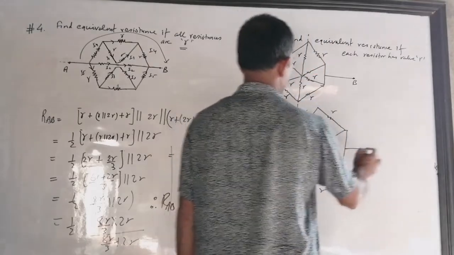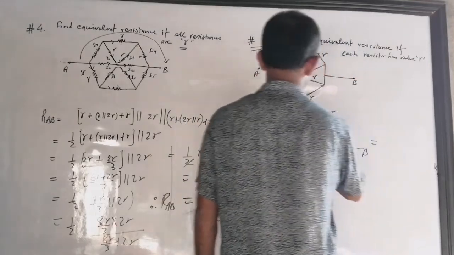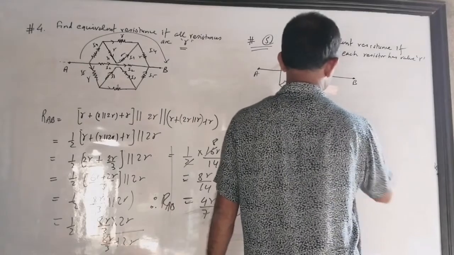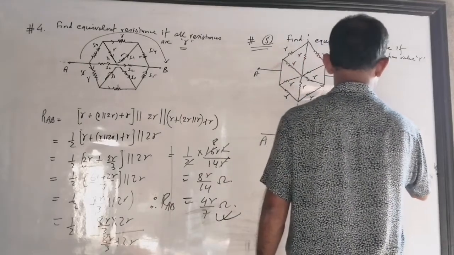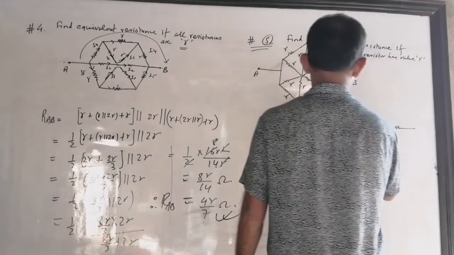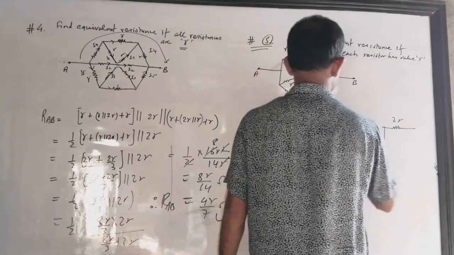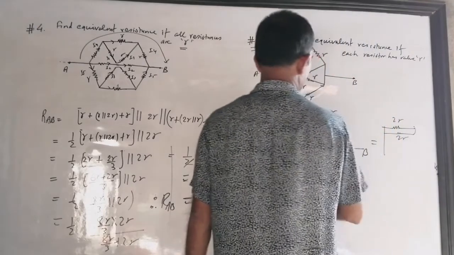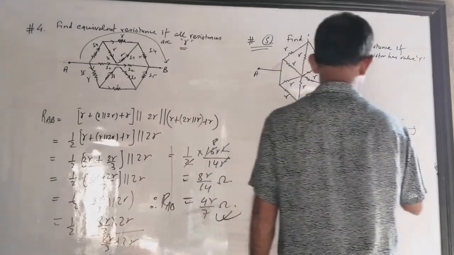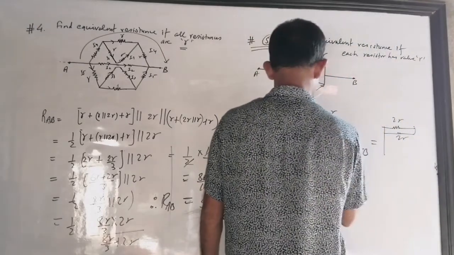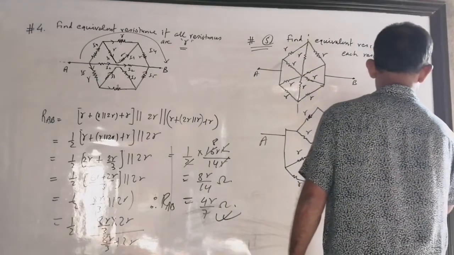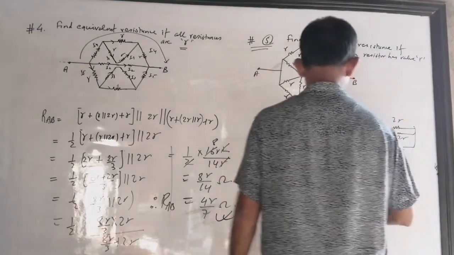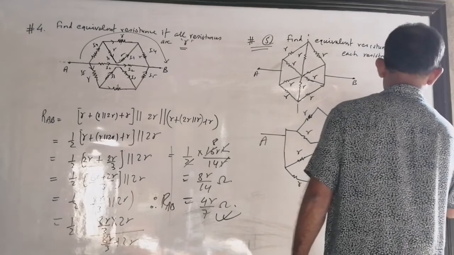So what is left here? Let's take this as A and this as B, and so this is R and R. These two are in parallel, the upper one, so I can add them: R plus R is 2R. This is also in parallel here, so this also becomes 2R. Here also I am finding 2R, and in the denominator, down there, we also get 2R.